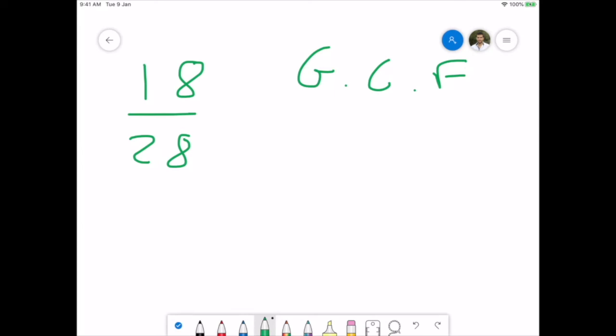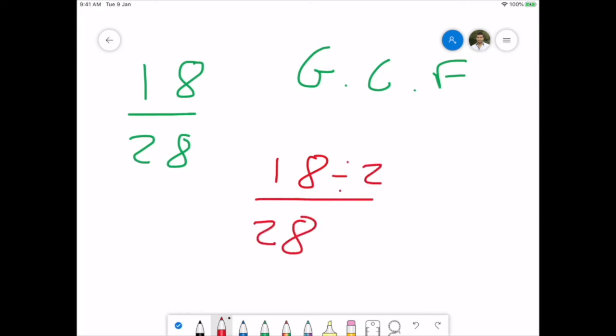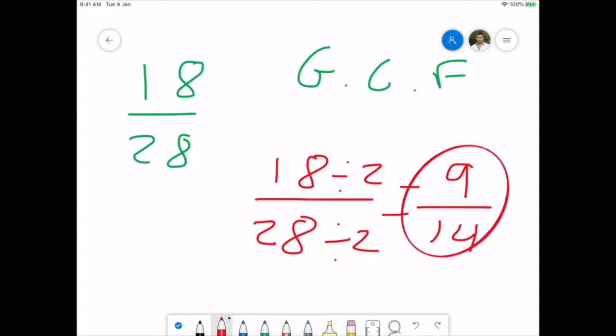So in this situation, the biggest number that can divide 18 and 28 is 2. So I will produce an equivalent fraction by dividing them both by 2. And to simplify this, 18 divided by 2 is 9, and 28 divided by 2 is 14. And there you go, you have your answer in a simplified version.